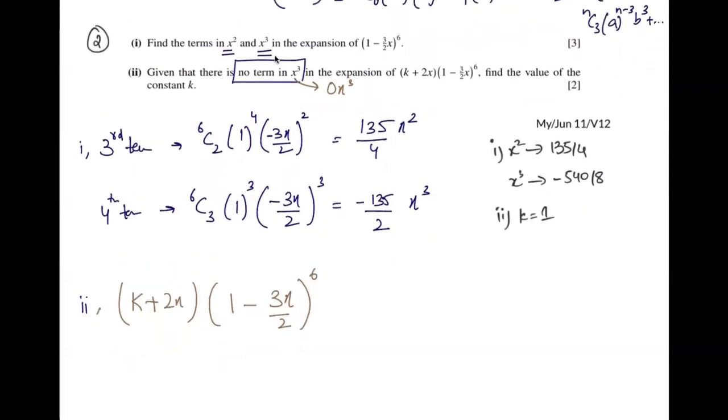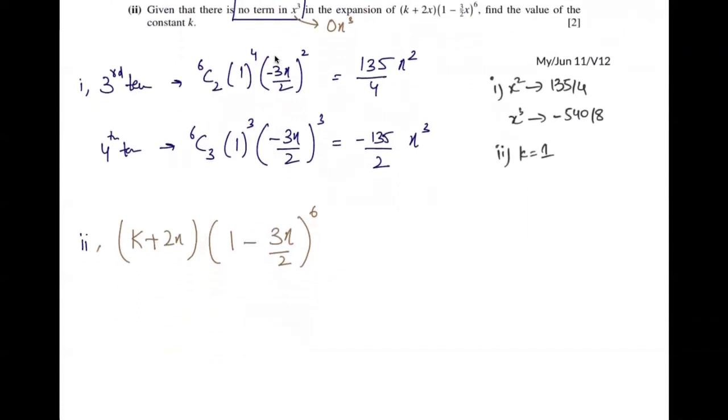If you look at this part, it is similar to the expression given in the first part, whose second and third terms you already know. So k plus 2x is being multiplied by it. You don't know the previous terms, right?